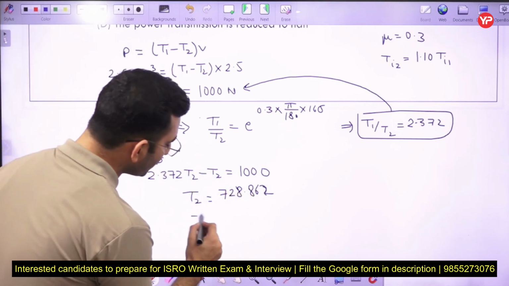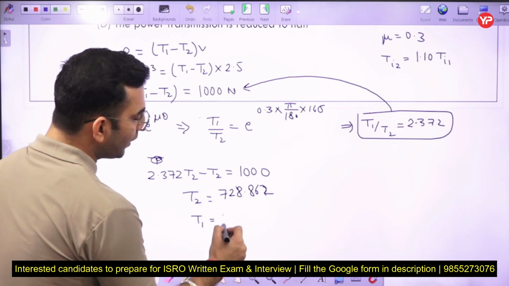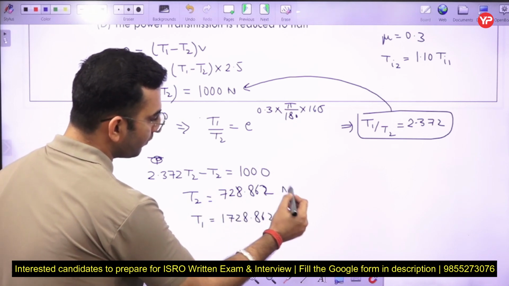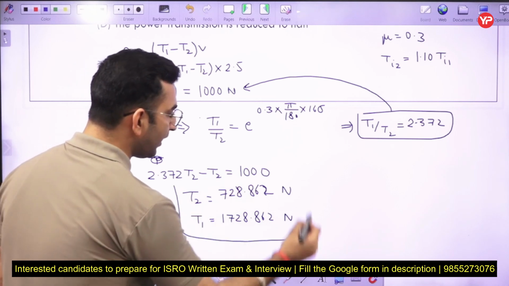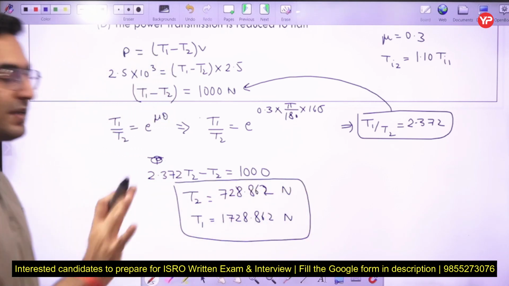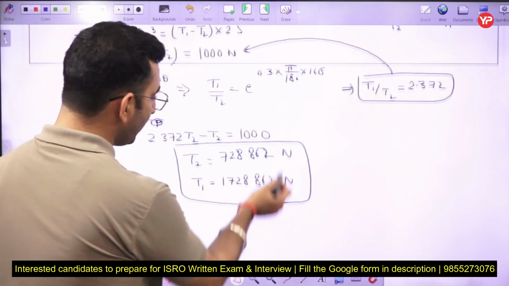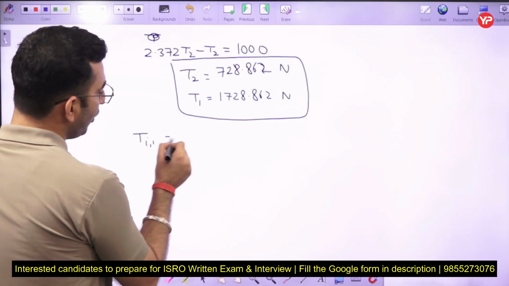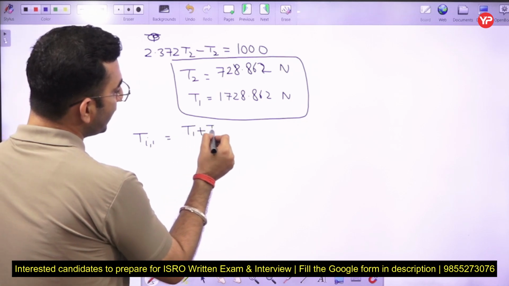Okay, and correspondingly I can write the value of T1 is going to be equal to 1728.862. So these are the initial tension on the tight side and the tension on the slack side here. So now here comes the part: what is the initial tension here? It will be simply the arithmetic mean of these two.